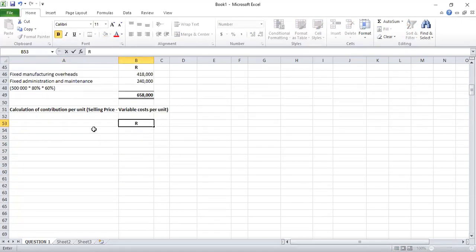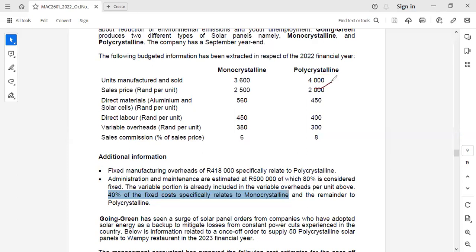So we'll have our selling price. You should remember that the selling price was given here. Variable costs: direct materials were given here, direct labor, variable overheads, then the commission. But with commission, we should be very careful, it's given as a percentage of sales price. So we'll find 8% of the 2,000.